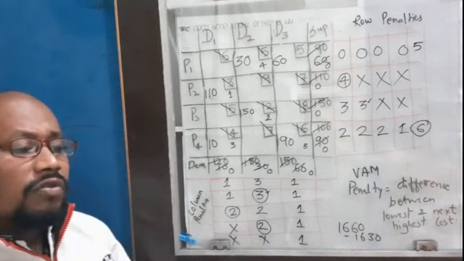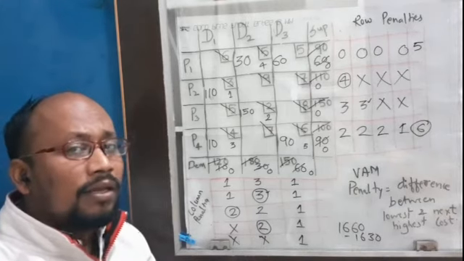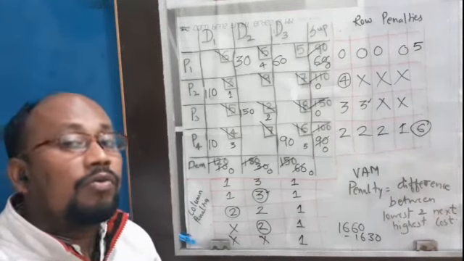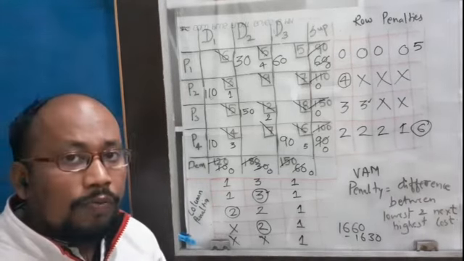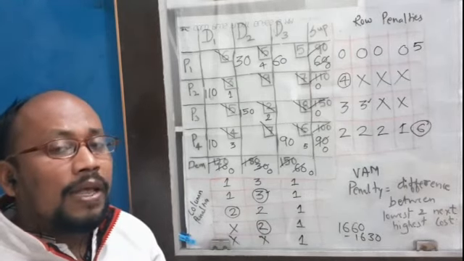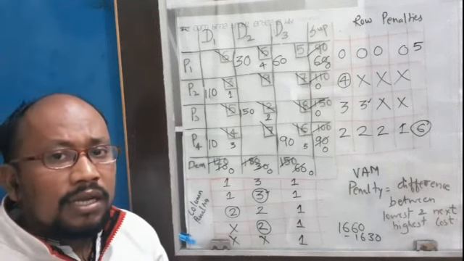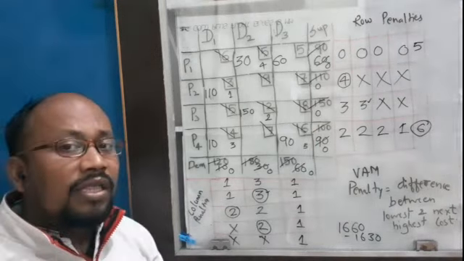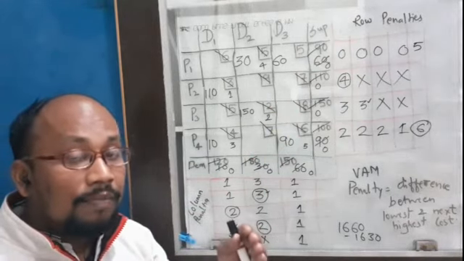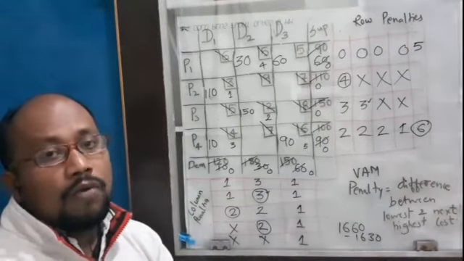Okay guys, in the notes I have provided a summarized table, step by step, showing which cell you selected, why you selected it, how much amount you will be allocating to that particular cell, and which source or destination will be eliminated, and what the updated demand is. Everything has been summarized in a table for each method: for the least cost method, for the west corner method, and for the VAM method.